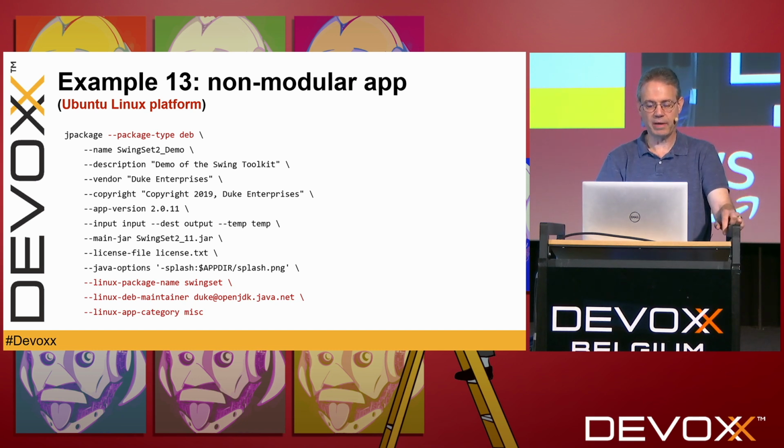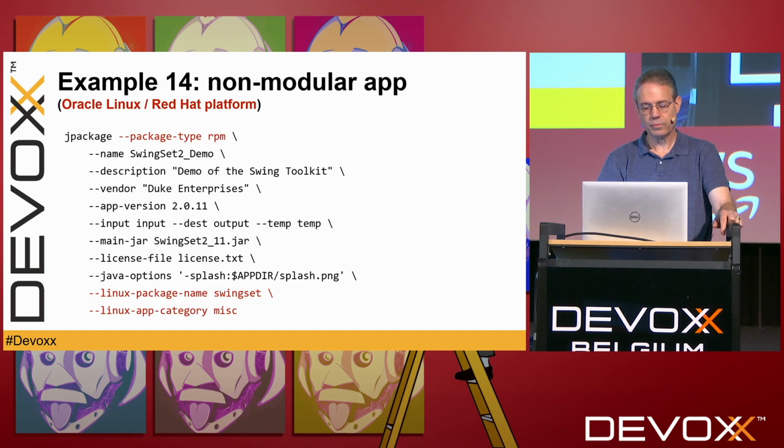In the case of Debian, you have a menu option that shows that. And then this is the same thing for Red Hat Linux. Again, we have mostly the same options as before, and highlighted in red are the ones that are specific to Linux.